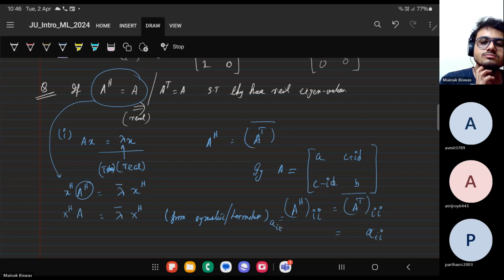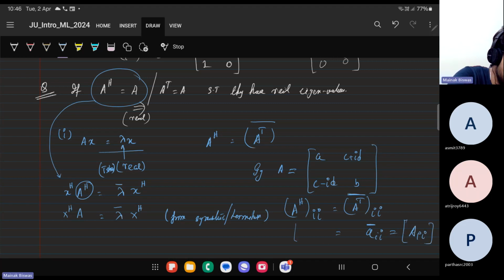Yes or no? A Hermitian II has to be equal to this, do you agree? Yes, yes. And that has to be equal to AII. If it has to be equal, they have to be equal, right?